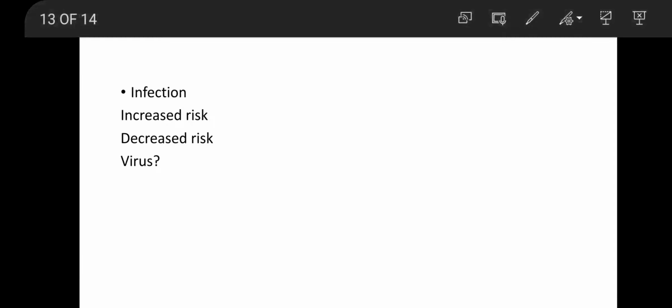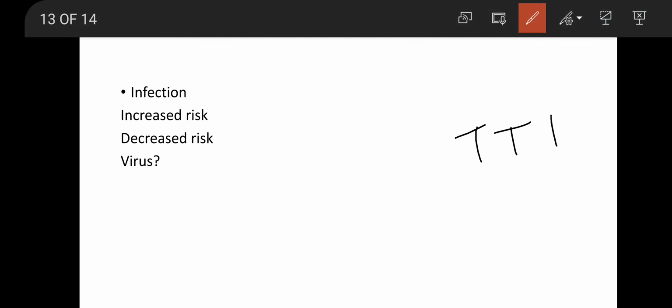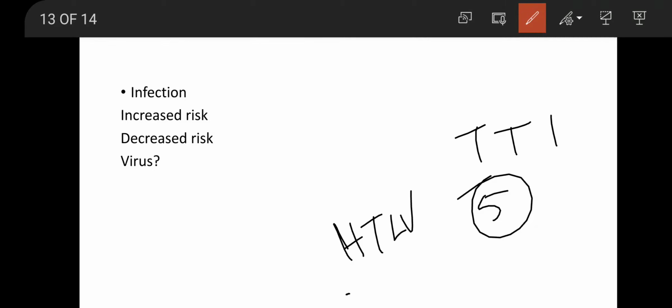Then next, infections can occur, though we have screened for infections. What do we call that term? TTI, transfusion transmitted infection. Other infections can also occur because we look only for 5 disease screening. They can transfer some other viral infections also, HTLV. The increased risk of infection is with platelets.